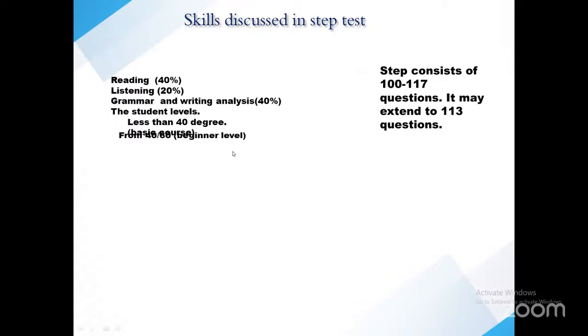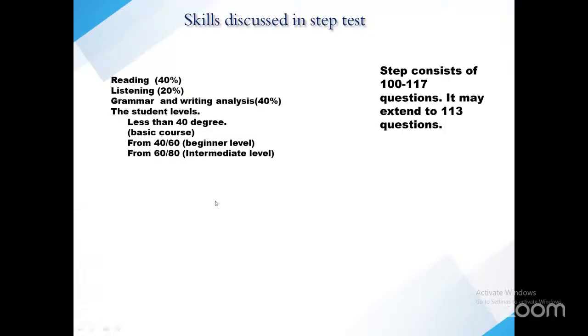But if you get a degree from 40 until 60, we can describe your level here as a beginner. Okay, beginner level. But from 60 until 80, if you got this degree, you will be at an intermediate level.